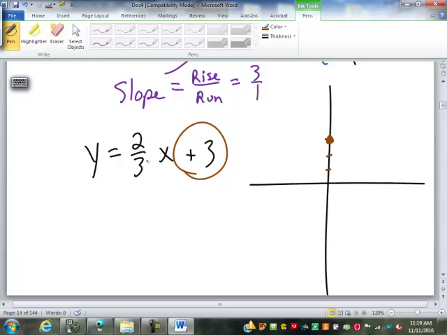The 2/3 is a slope. Remember, the top number is a rise. The bottom number is a run. So from this starting point, I'm going to rise how many units? 2. Now I'm going to run 3. There's my second point. If I wanted to, from that point, I could have risen 2, run 3, and another point, if it makes it easier.